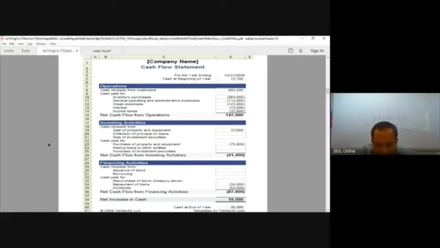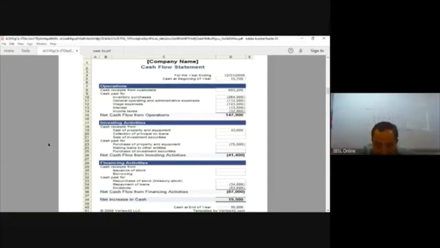These are cash outflows. So the net increase in the cash is 19,500 during the year. 147,900 million minus 41,400 million minus 87 million.